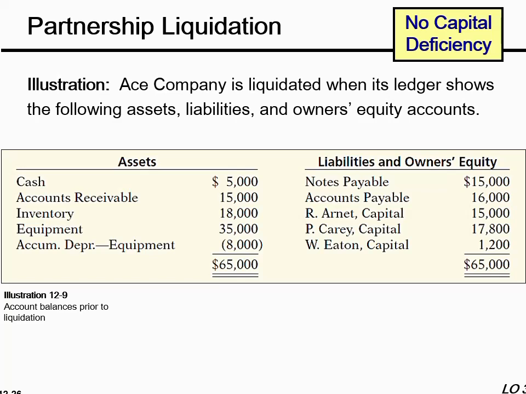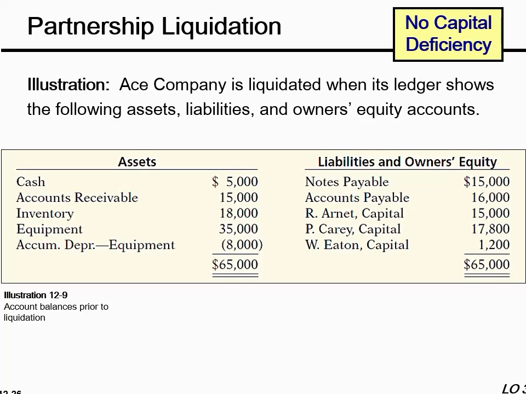So that is a deficit case, but the partner has enough personal resources to handle it. The third case is also a deficiency case, but we will treat one of the partners as bankrupt, meaning he doesn't have enough personal resources to pay the business claims. So the other two partners will handle his liabilities.